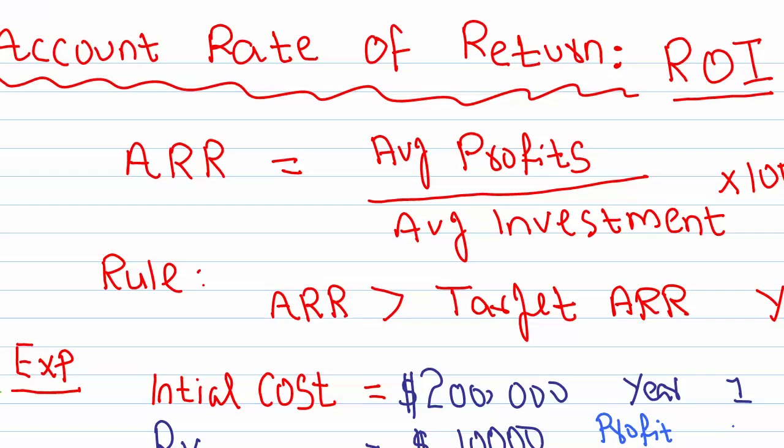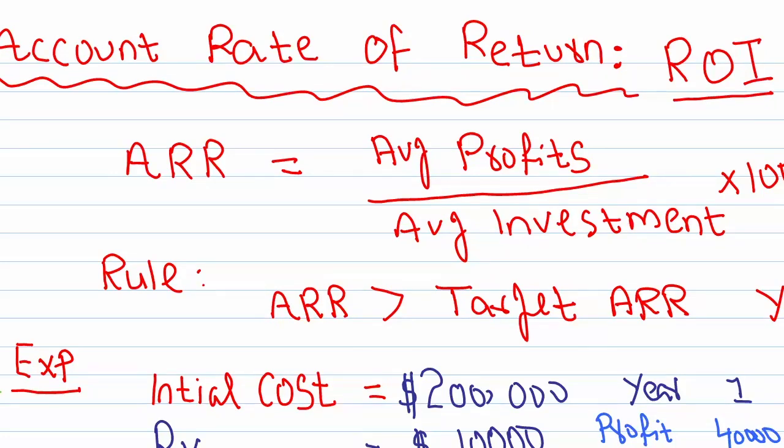In year 1, we will generate 40,000. In year 2, we will generate 30,000. In year 3, we will generate 50,000. And in the last year, we will generate, let's say, 30,000.